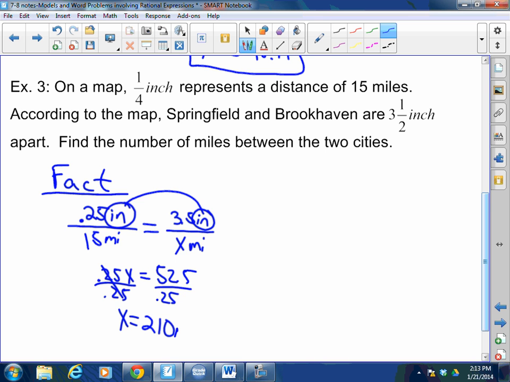How did you know it was miles? Because when you set up, you put all the units and you knew exactly what you were looking for. Does that make sense, my brothers? May I continue? Thank you.